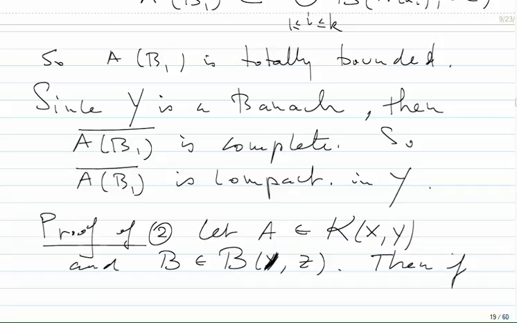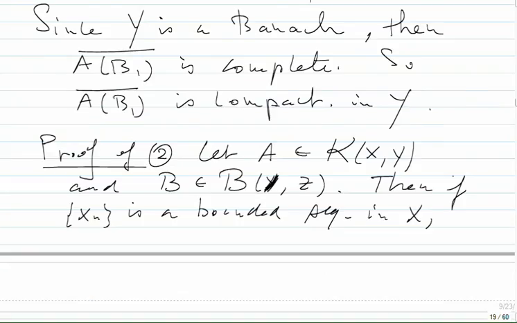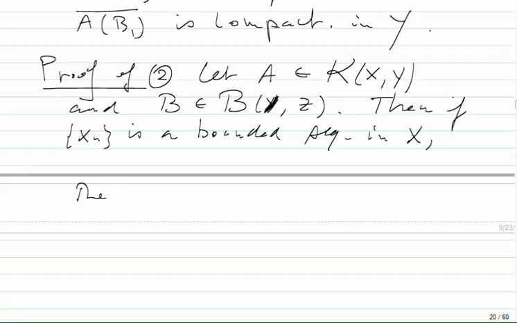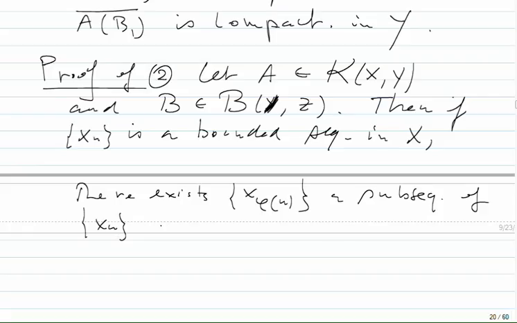If x_n is a bounded sequence in X, now we use the fact that A is compact, there exists x_phi(n), a subsequence of x_n, such that A of x_phi(n) is convergent in Y.